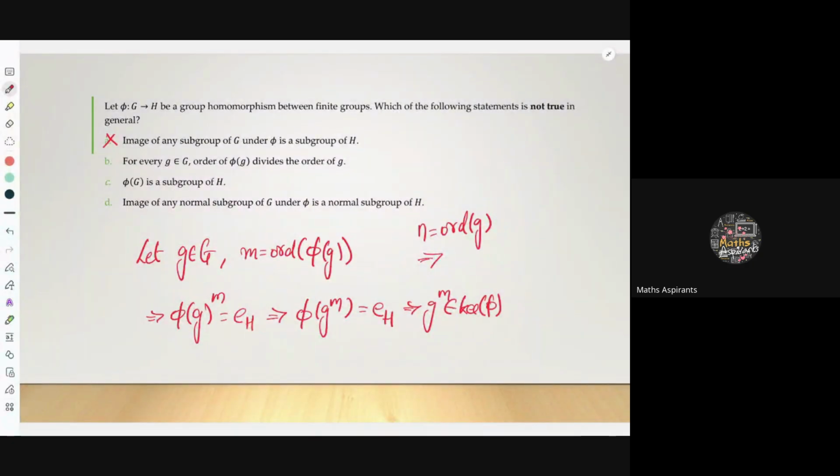If n is the order of g, we have phi of g power n is identity because g power n is identity. This implies phi of g, the whole power n, is identity. This gives us m divides n. So we did get what we want, sorry, I got confused.